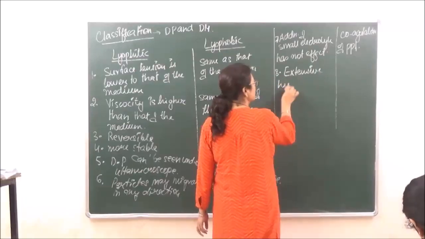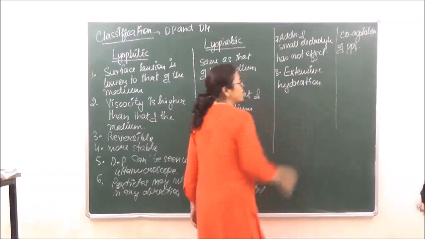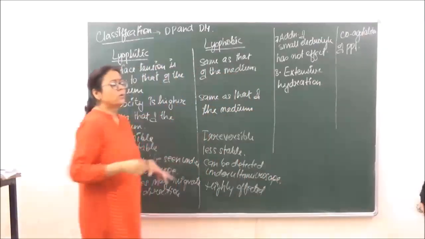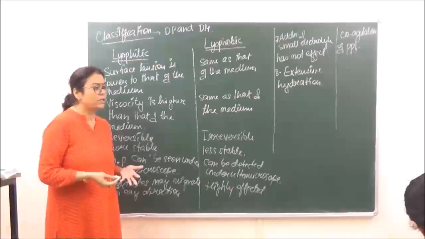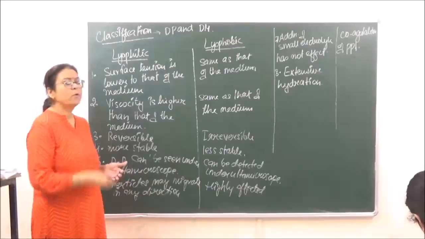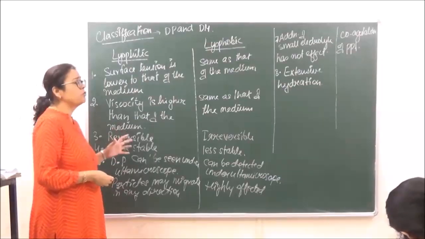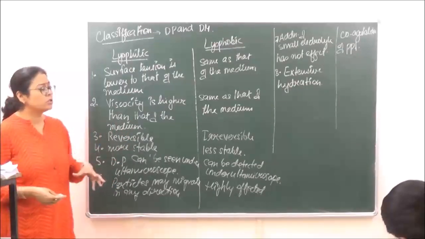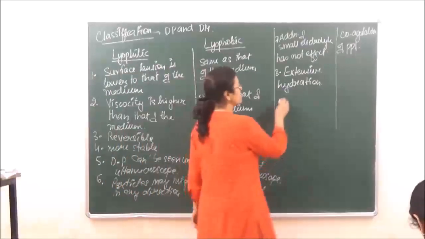Extensive hydration, which means that if we are taking starch and putting water in it, what will keep on happening? It will keep on getting diluted. So you can keep putting water in it. In other words, we can also explain this as the process of imbibition taking place over here.